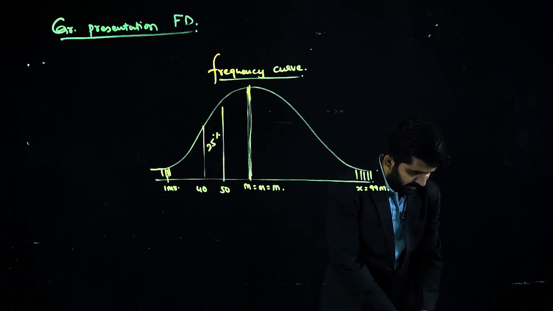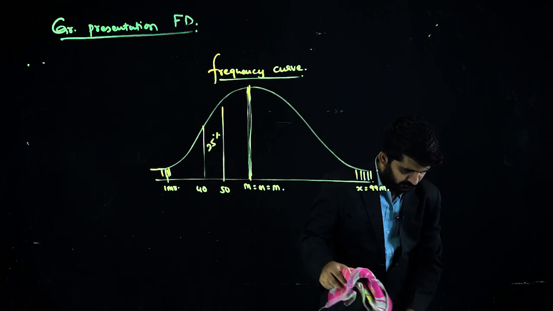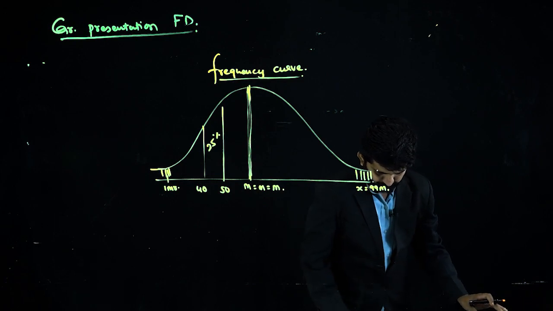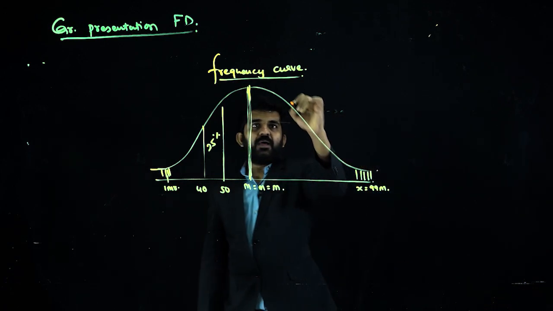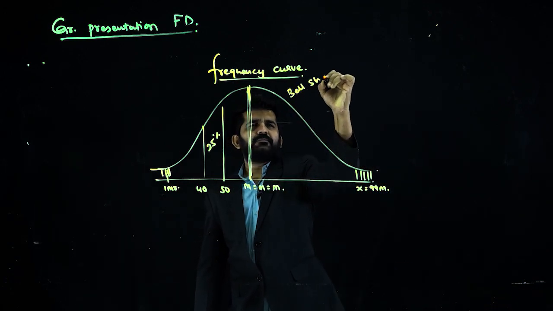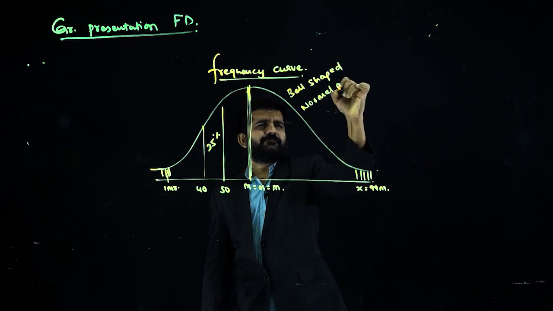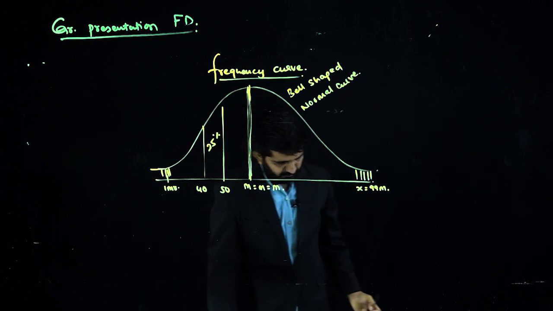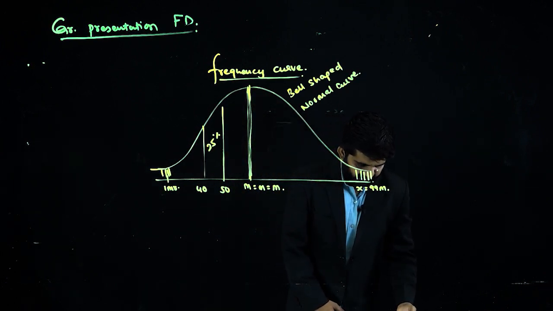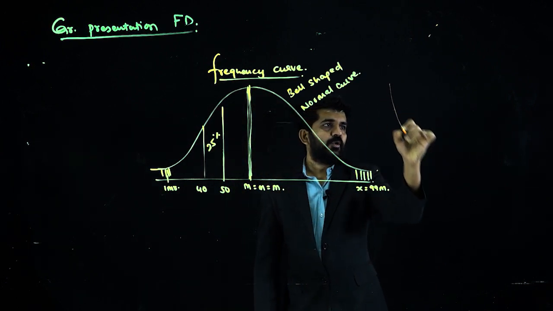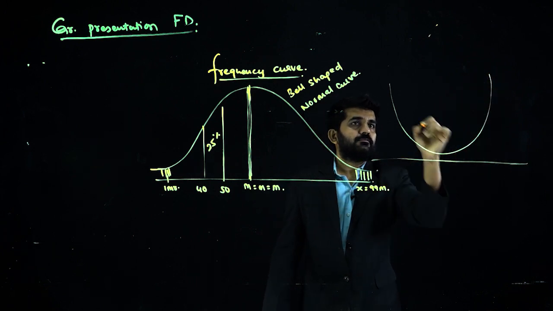Various other types of curves are there. This is bell-shaped. It is the normal curve. It can also be a U-shaped curve going like this.